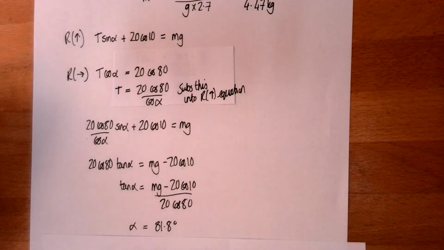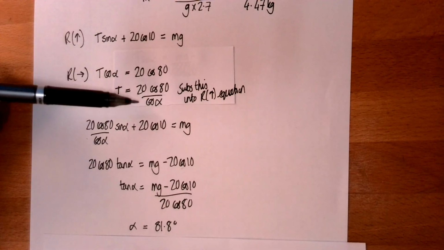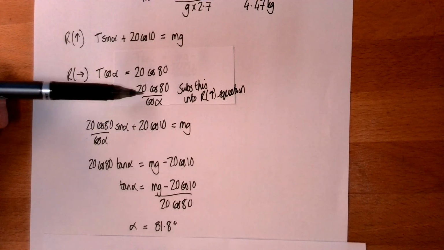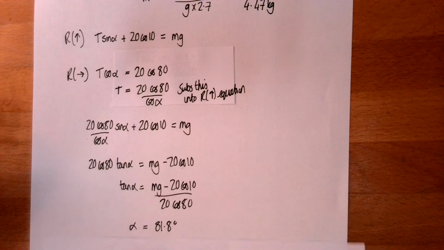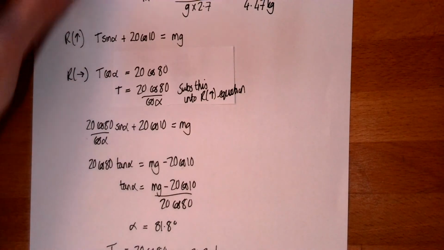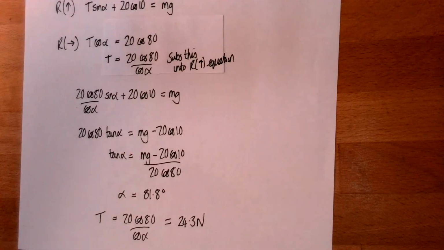Pause that if you want to see that. And don't forget I want to find T as well. I've got a nice easy equation here for the value of T. So I store that value and substitute that in and get my final answer.